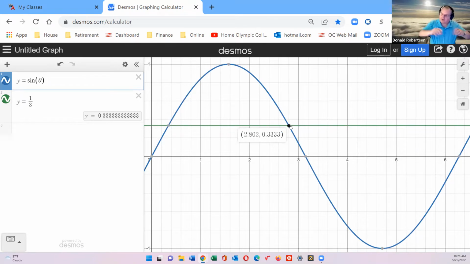If I brought this out, wouldn't you see that line being intersected tons of places? But if you only do 0 to 2 pi, there's an answer at 2.802, and there's an answer at 0.34.